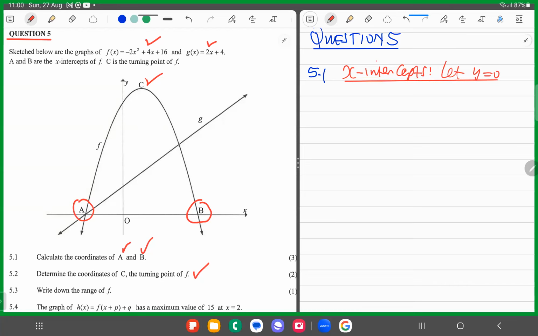So you let y be 0 in the f function. f of x is minus 2x squared plus 4x plus 16. All right, so we continue with our discussion.